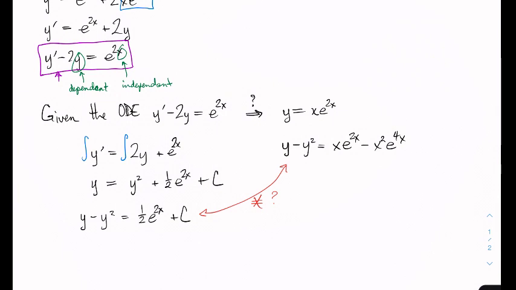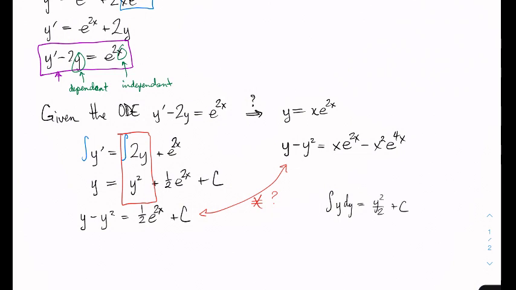Okay, so did you spot the mistake? The mistake was in the step right here where I integrated y just using the power rule. This was as if I was thinking that I could just do y dy equals y squared over 2.